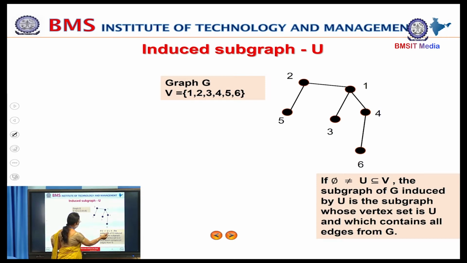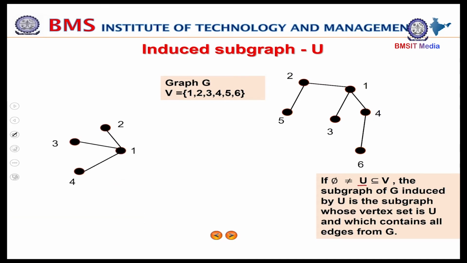Induced graphs are represented using U. So the null vertex is not a subset of V. The subgraph of G induced by U is the subgraph whose vertex set is U and which contains all edges from G. So now here I have considered a graph.